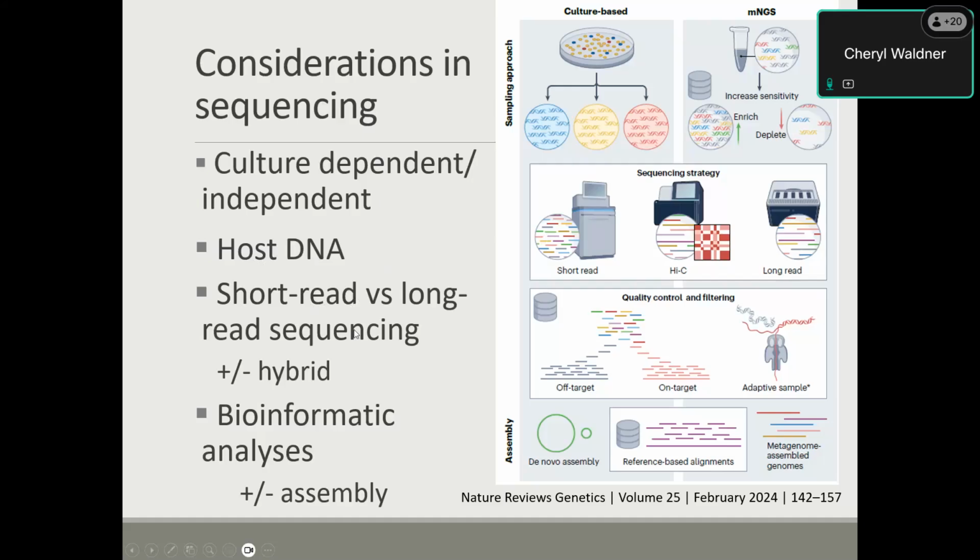Short read versus long read sequencing, which one's going to work better for what it is we're doing, or hybrid sequencing where we use some data from both. And then our bioinformatic analysis, are we going to look at the raw reads, or are we going to look at trying to assemble those reads? So what we ended up doing was actually using a combination of culture-based enrichment and metagenomic sequencing, long read sequencing, filtering out our off-target host DNA.